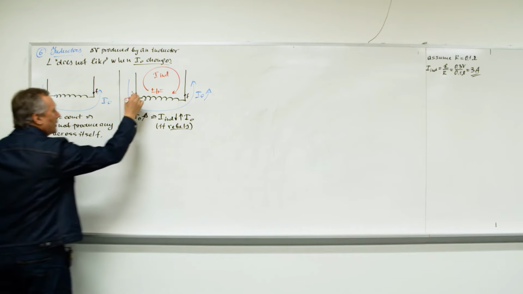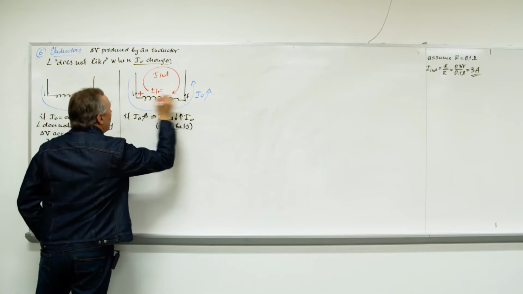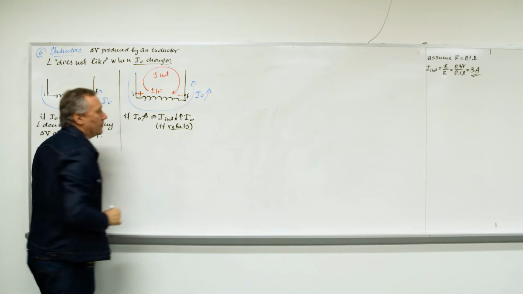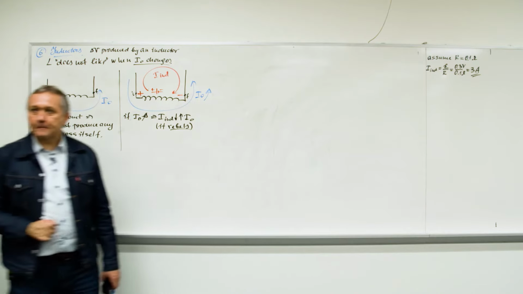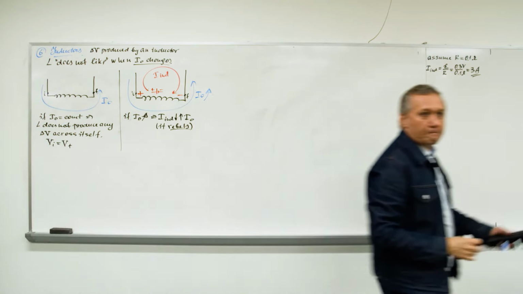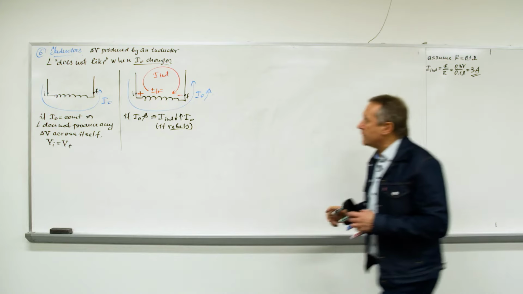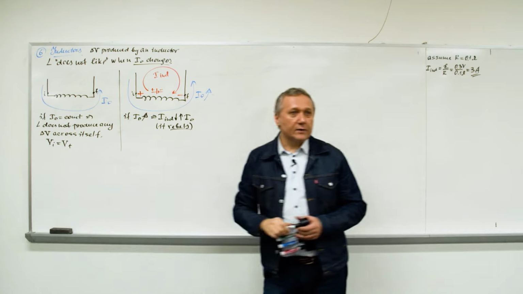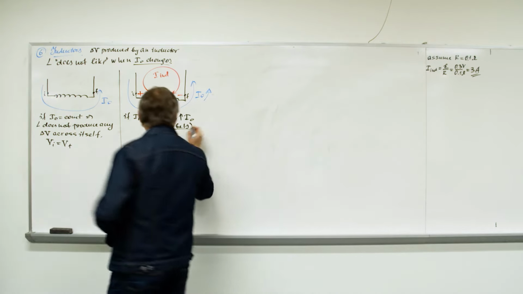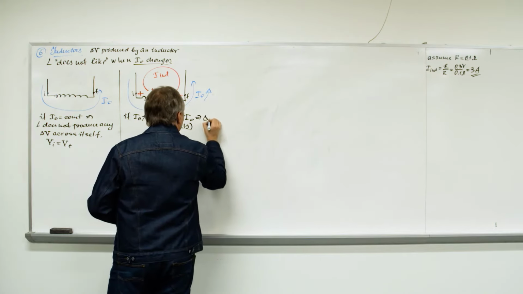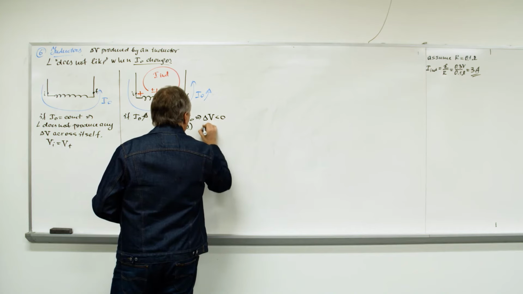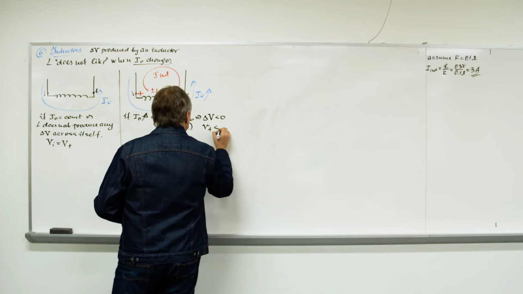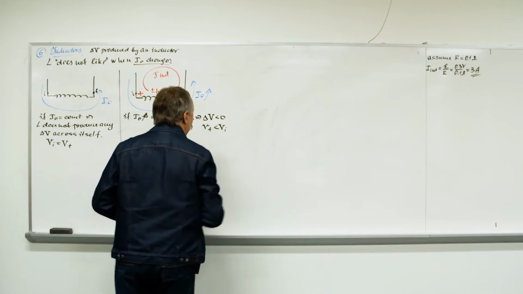So the initial point has plus, the final point is at minus. In this case, delta V is final minus initial, so it will be negative. Delta V is negative, so V final is less than V initial.